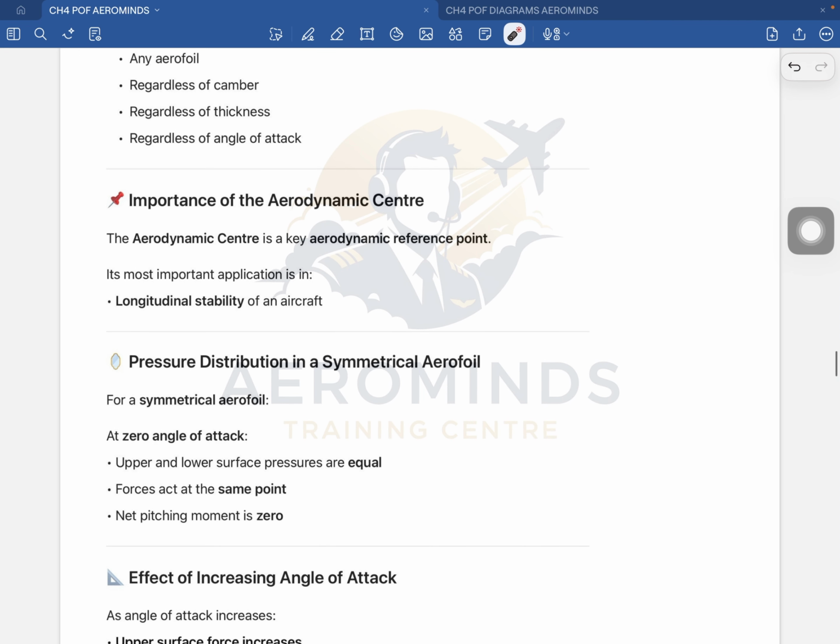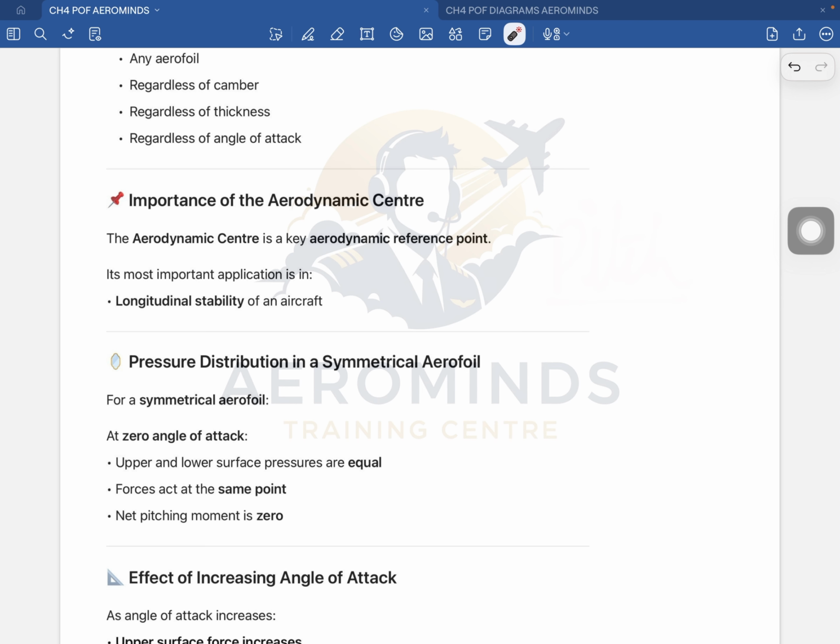Now comes the importance of the aerodynamic center. The aerodynamic center is the key aerodynamic reference point, and its most important application is in the longitudinal stability of the aircraft. Longitudinal stability means the stability in pitch. Pitch means the up and down motion of the nose.